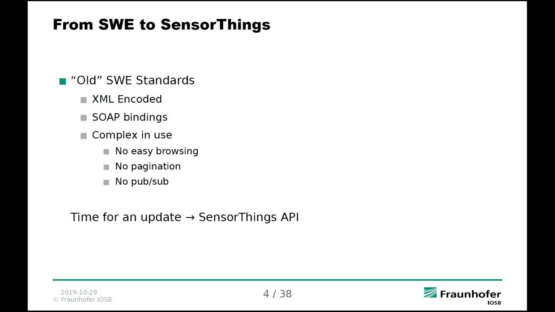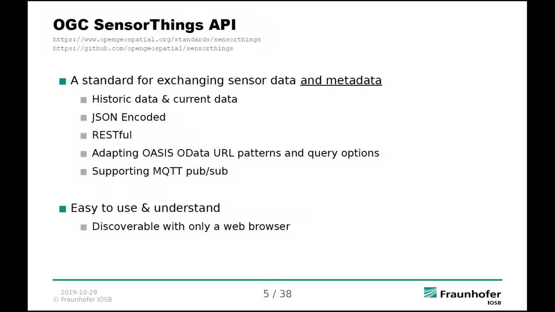So the idea of SensorThings API was to take the core functionality of these standards, which are well known and used and have proven successful, and to lift them to the current technical level, like web technologies and so on.